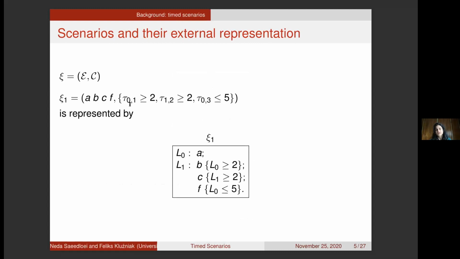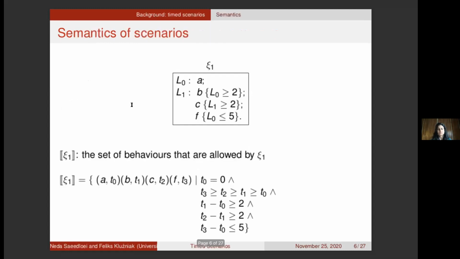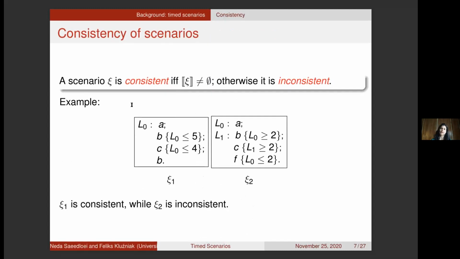So for Psi1, each constraint is represented as tau with some indices. In this case, tau 0,1 means the time difference between event 0 and 1.